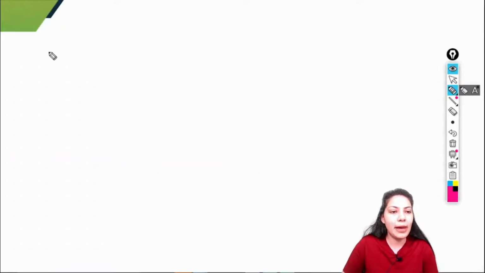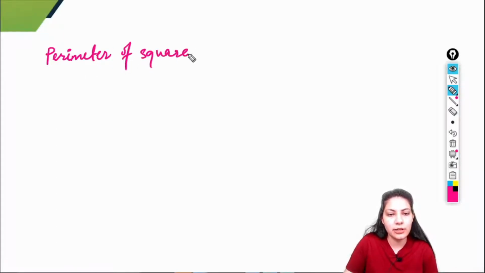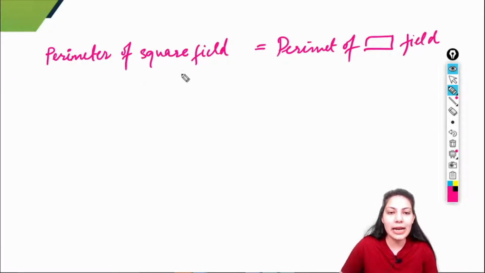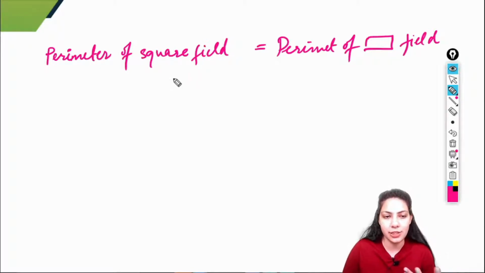We are given that the perimeter of the square field is equal to the perimeter of the rectangular field. And we are asked which field has the larger area.